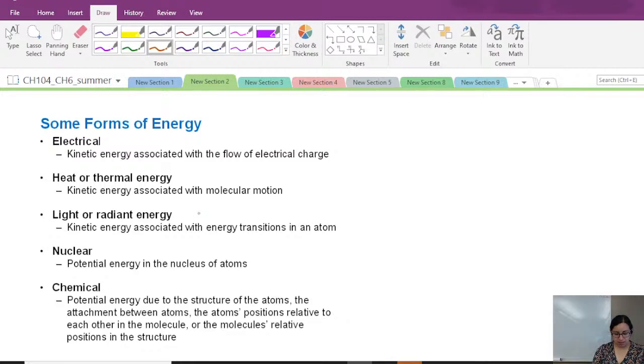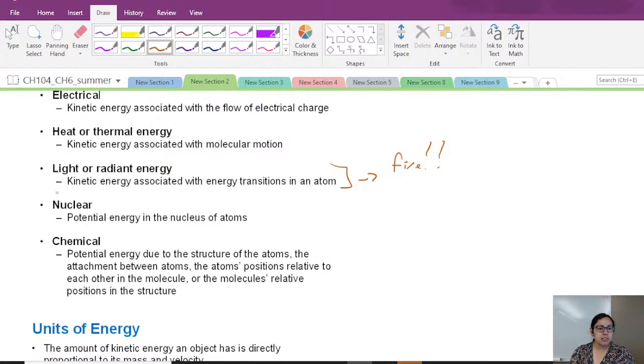Light or radiant energy, that's going to be associated with energy transition. Y'all are familiar with that, right? The fire. Yay, fire. That's all electrons, so you get to see that form of energy being released as light. And nuclear, of course, is another form.